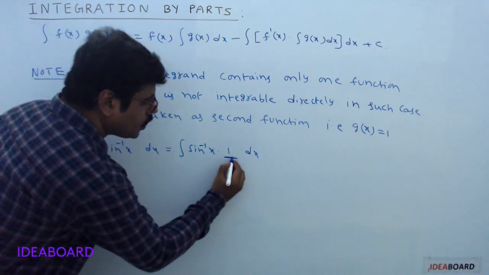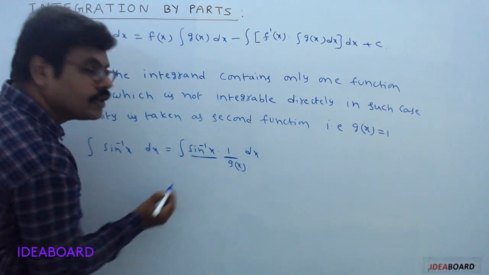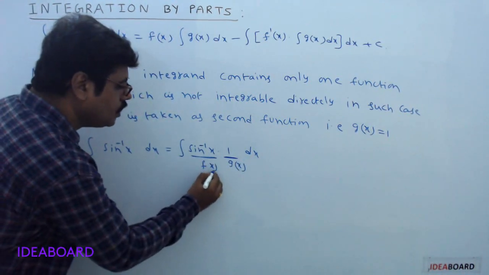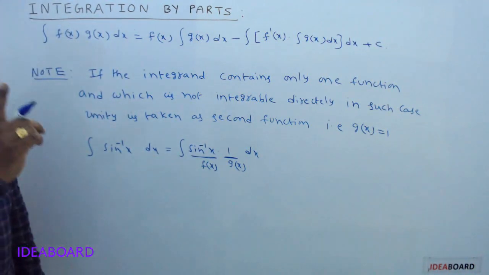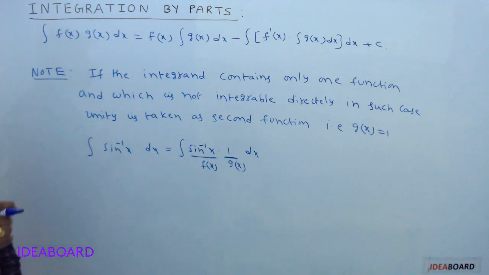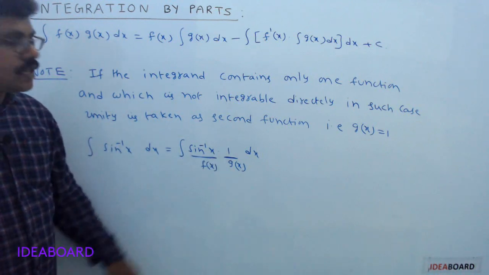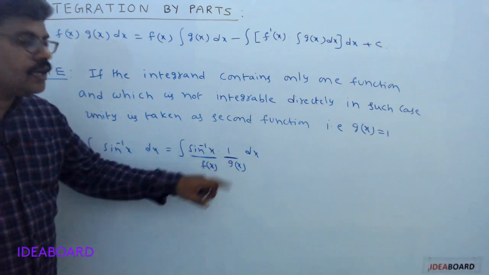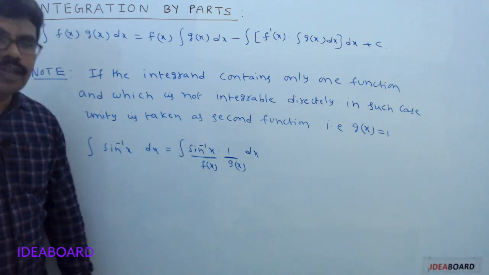Now this 1 will be taken as g of x. Automatically the other function will be treated as f of x. So if the integrand contains only one function which is not directly integrable, unity will be taken as the second function, that means 1 is g of x, and the other function is f of x.